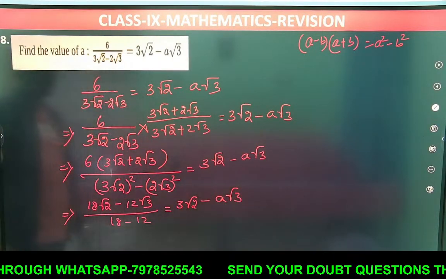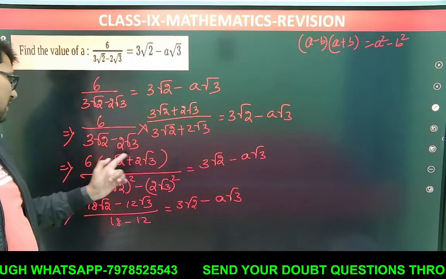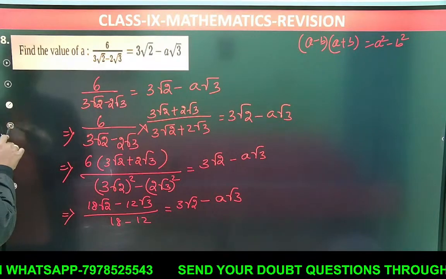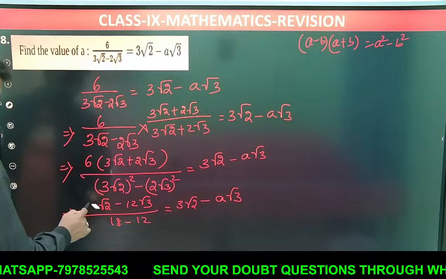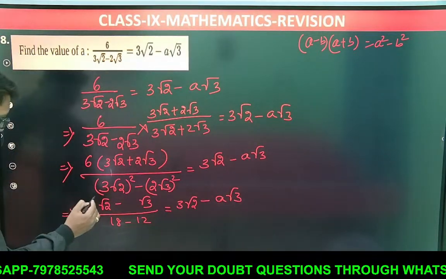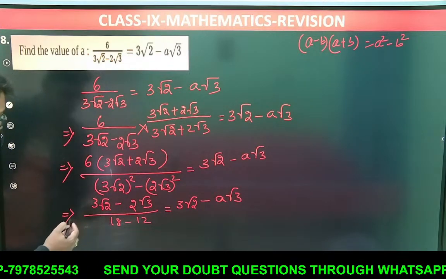Now we have multiplied here 6. Instead of multiplying, let us keep it like that. Why? I'm telling you here.